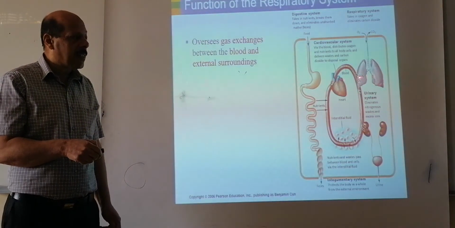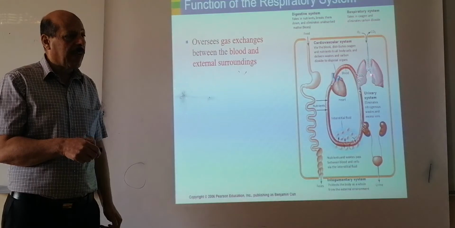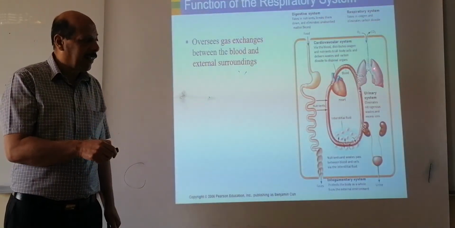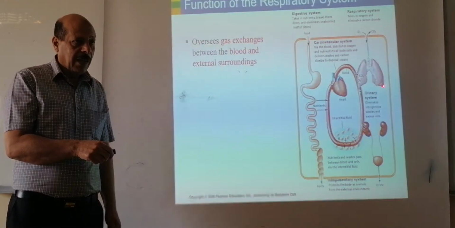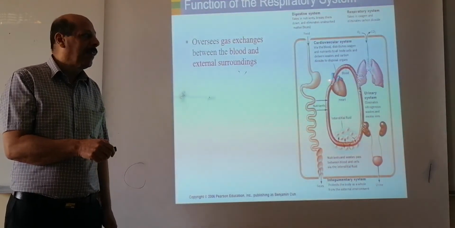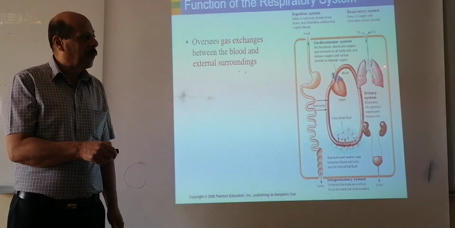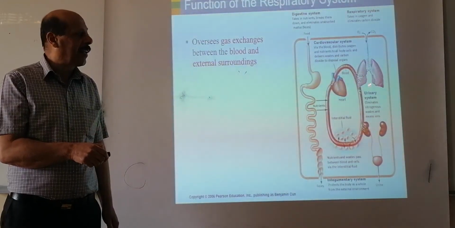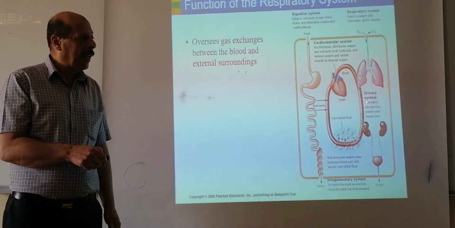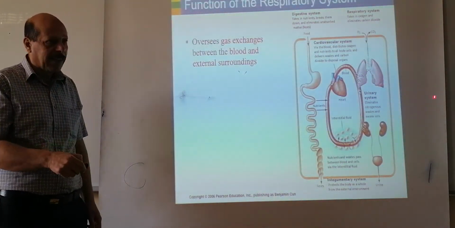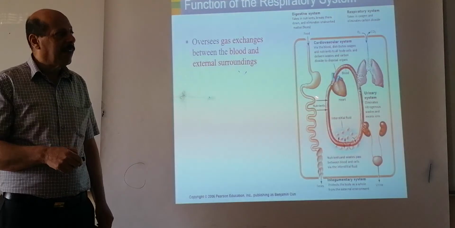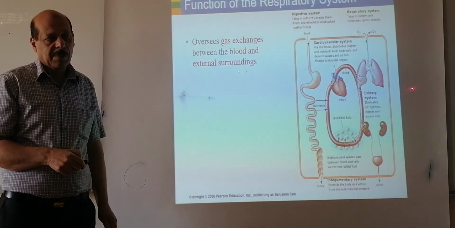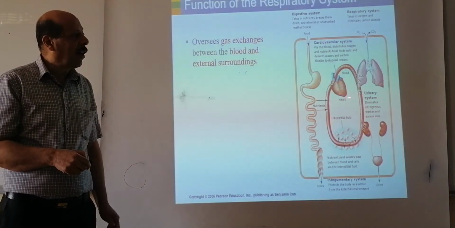The main function of the respiratory system is to take air inside, and carbon dioxide and oxygen will be exchanged inside the lung, inside the alveoli, in order to be circulated inside the body for the process of metabolism and production of energy.